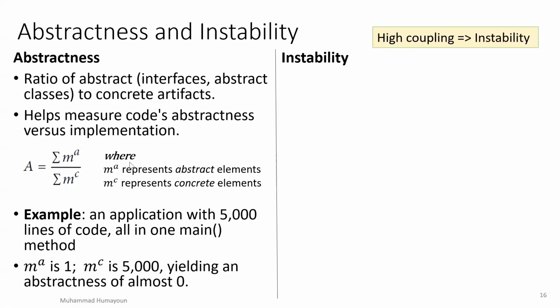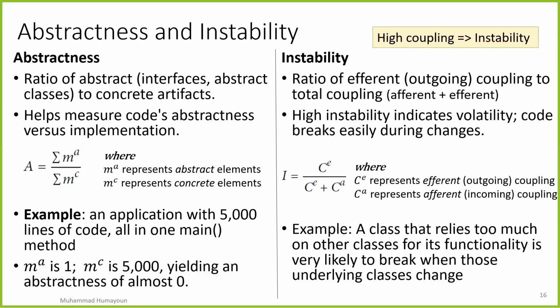And now, if you want to compute instability, all you need to do is put above all the efferent coupling, all the outgoing connections, just count them from your code base.